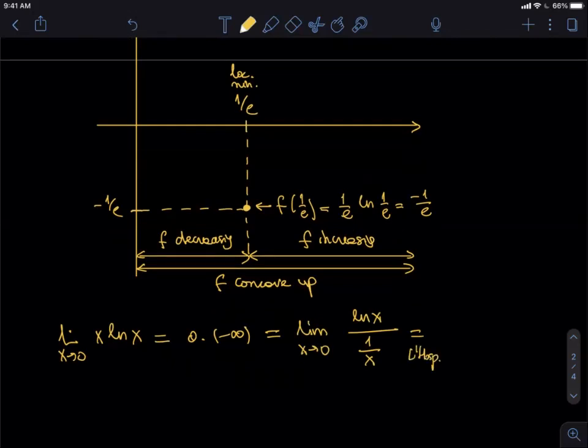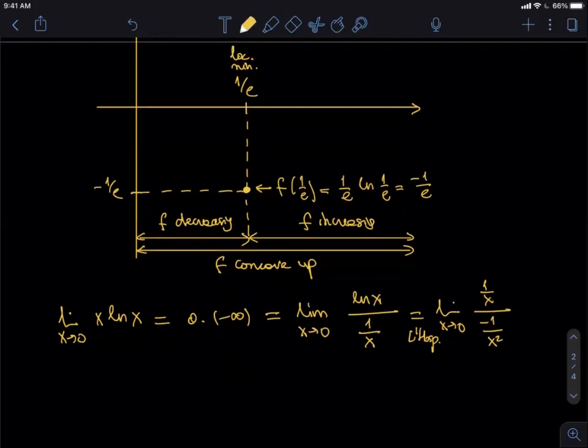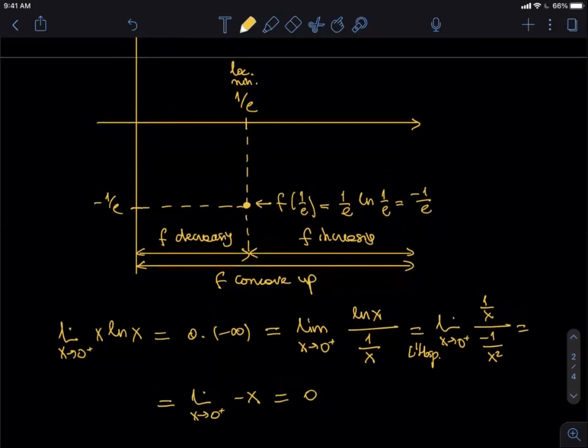And L'Hopital is going to say, okay, this is the limit of 1 over x divided by negative 1 over x squared, which is the limit as x tends to 0 from the right, sorry, all the time. So this is negative x, and that is 0. Okay, so the limit as x tends to 0 is 0. So that means the function will tend to this point.